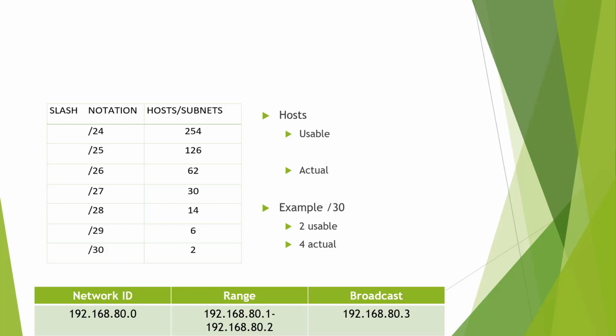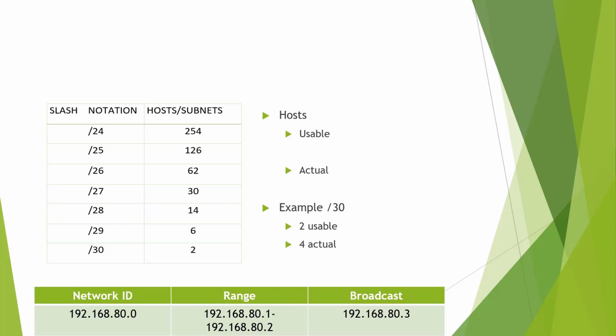It is important when we are talking about subnets, we are talking language. If we are saying usable or hosts versus actual. So I may say something like, I need a network that has 32 usable hosts.